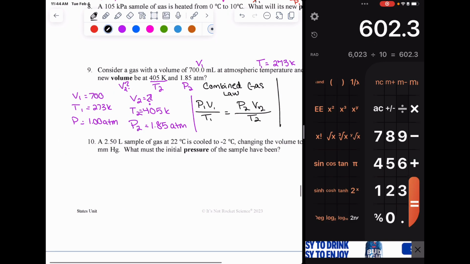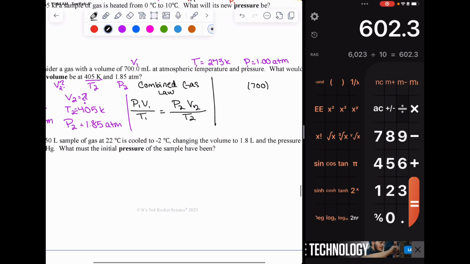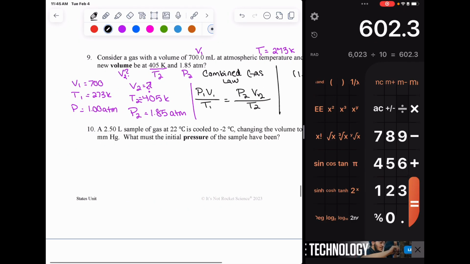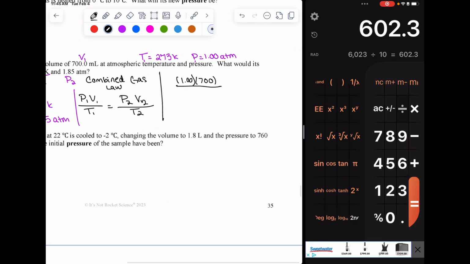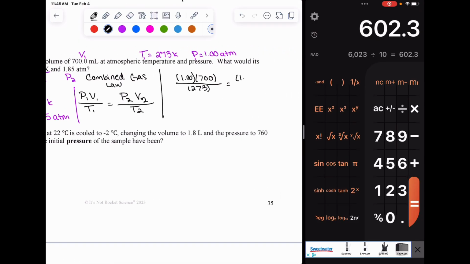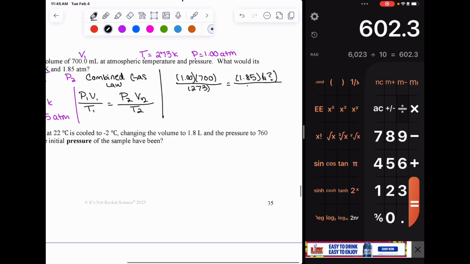We know those are 700 for V1. P1 is 1. T1 is 273 Kelvin. P2 is 1.85. V2 is what we're looking for. T2 is 405.